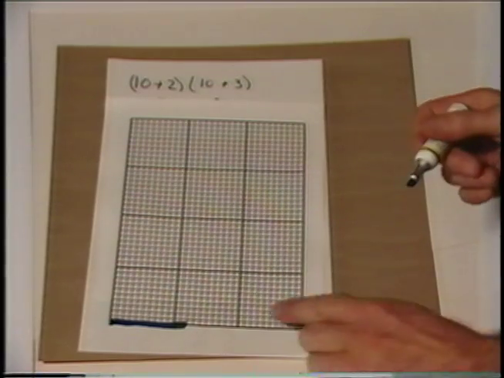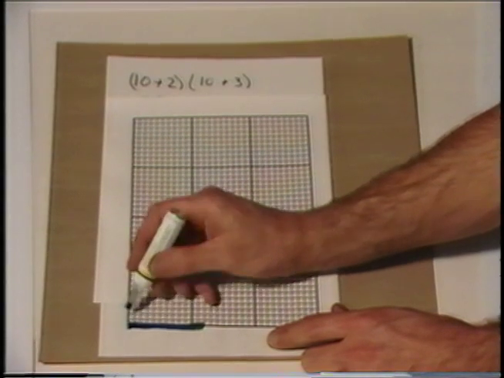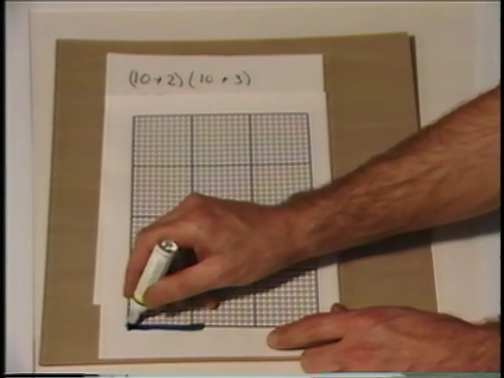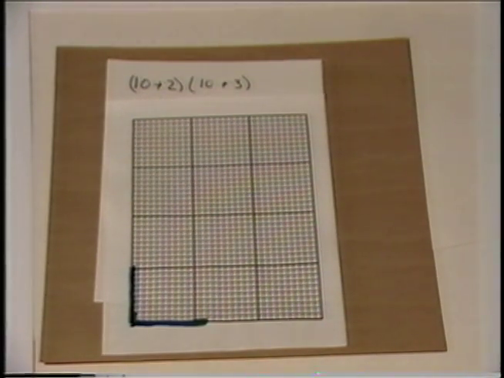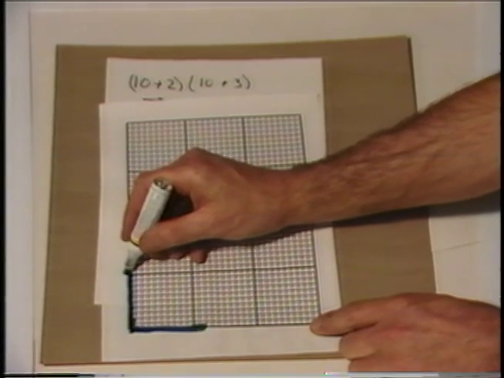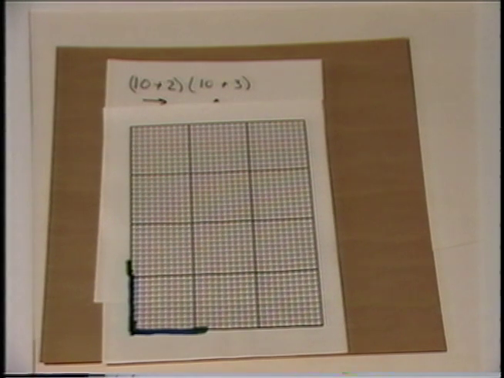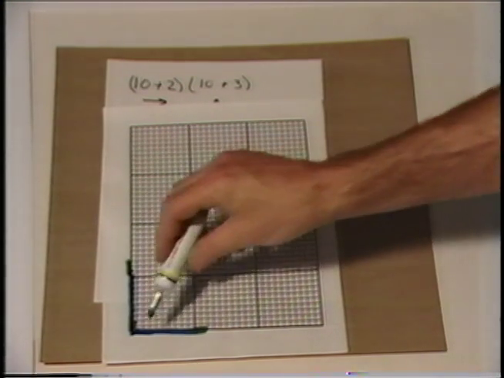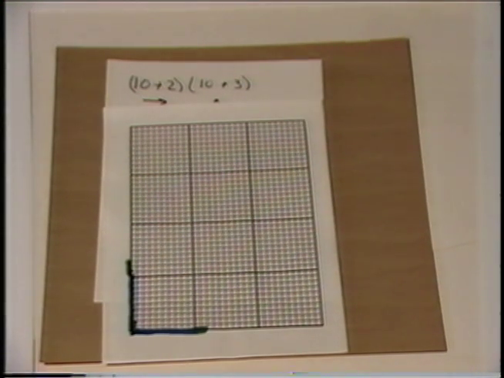Okay, the colors may not show up that well, but I am going up 10 in blue, and 3 up in green. It's very important that I learn how to trace dimensions, an over distance and an up distance.